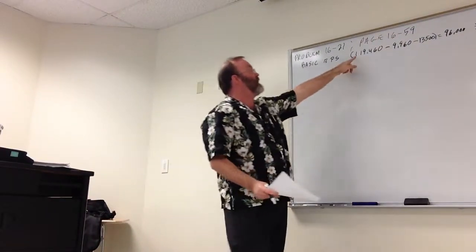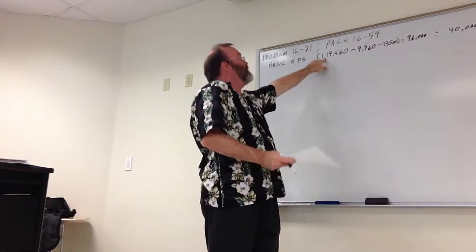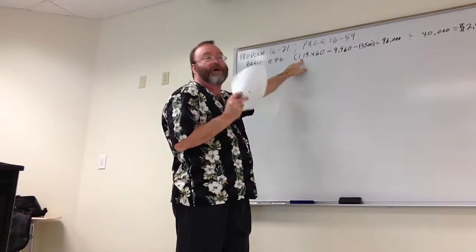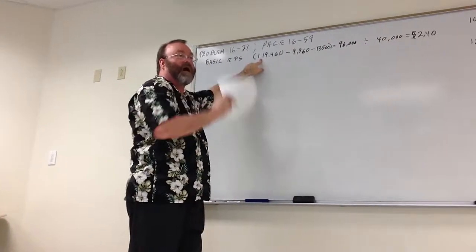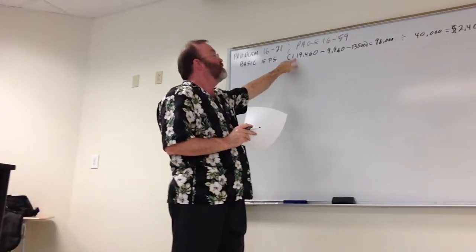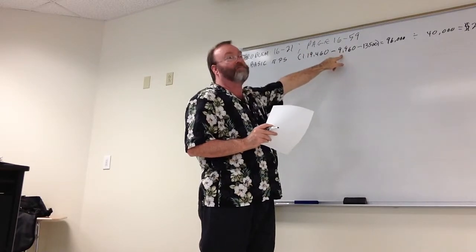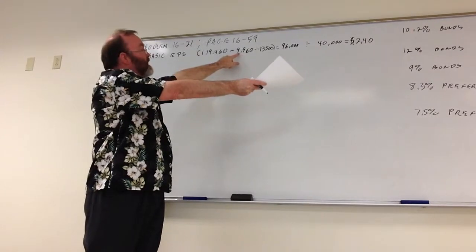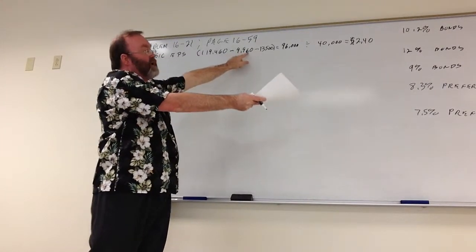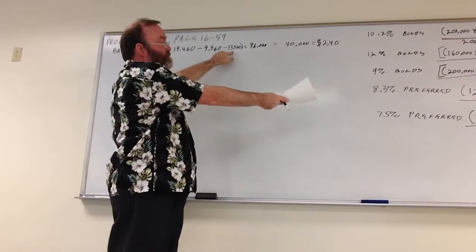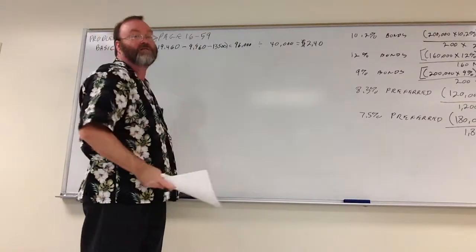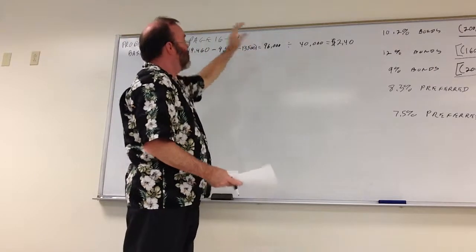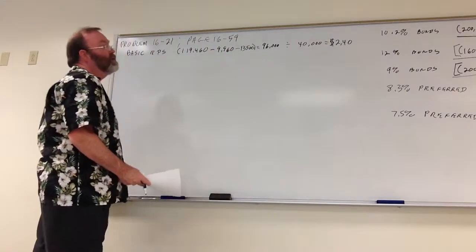Yes, we started with net income of $119,460. We need to calculate how much of that is attributable to common shareholders. So, we subtract out the preferred dividends, and we get 96,000 even.